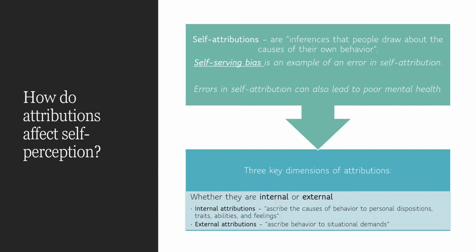So here's exactly how this happens. Individuals observe their own overt behavior, and then they assign intentionality through an attribution to either internal or external causes. And then they infer their own internal states from their behavioral observations.